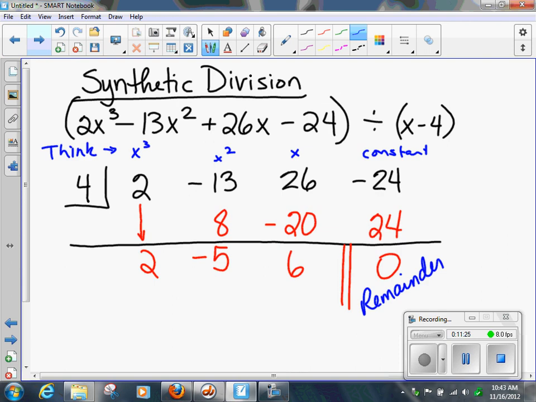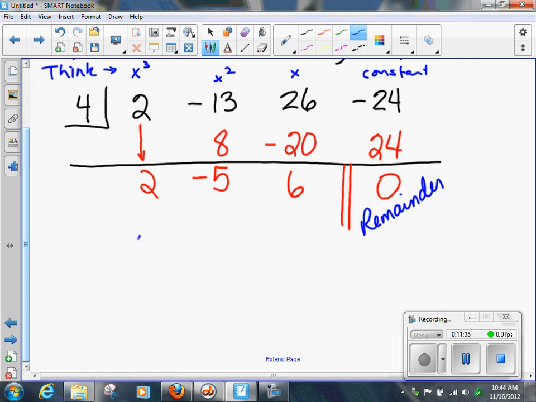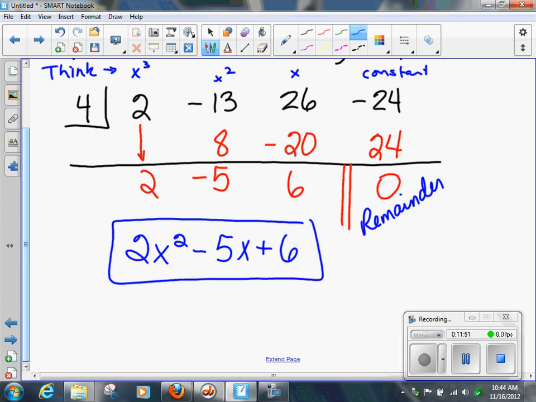When I look at this and I see that it's under x cubed, I've got to remember that I got to bump it back, and my quotient becomes 2x squared, because I'm bumping it back. You tell me the rest of it. Minus 5x plus 6. That's my quotient.